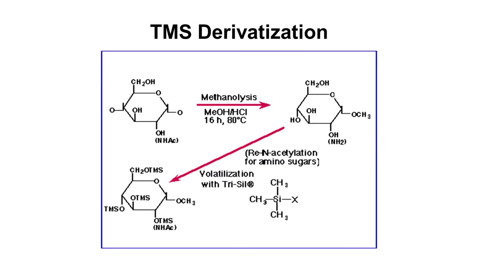You're reacting, in this case, this is an example of a sugar, where you'll, first of all, modify some of the sugars with methanolysis, and then volatilize with this trimethylsilane derivative that produces this compound, which is a derivative of the clean sugar, but now has many TMS derivatives.